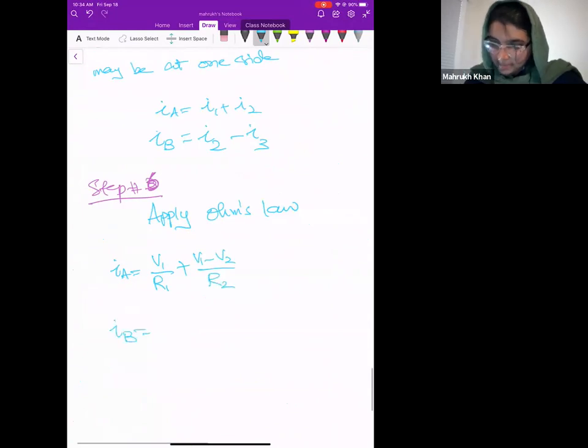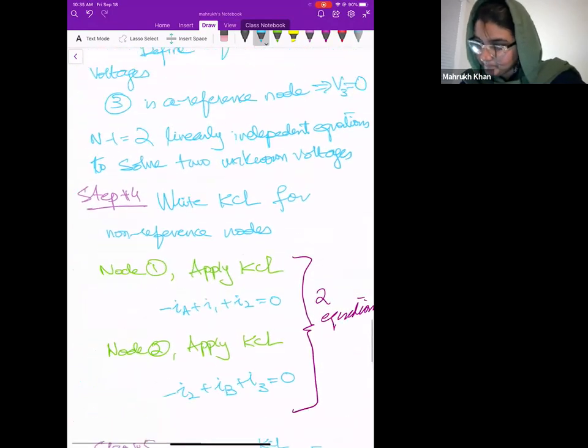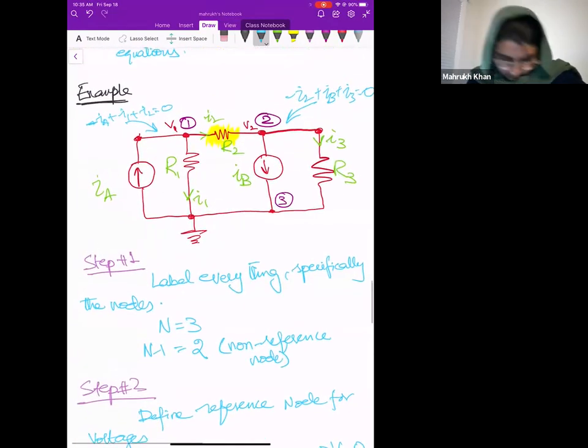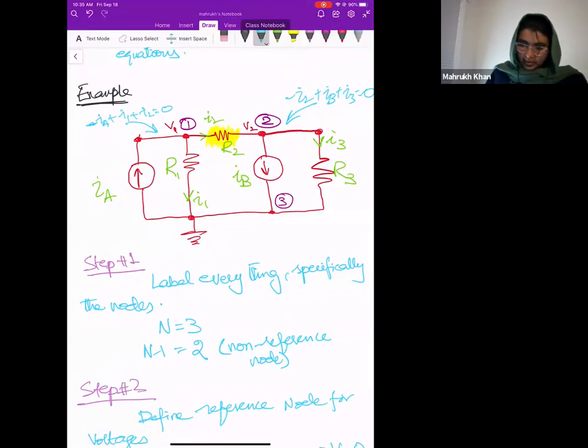Similarly, IB is equal to I3 minus I2, because it was I2 minus I3. So I3 is V2 over R3, that's simple.